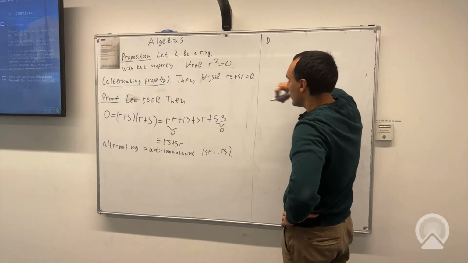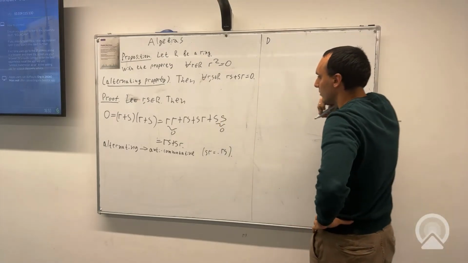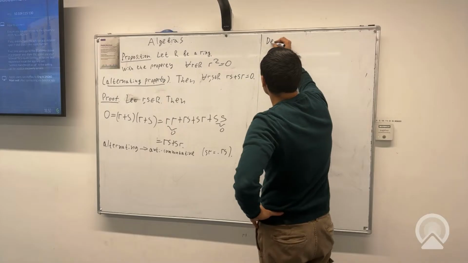And this is an alternating ring. Now let's talk about alternating algebra.